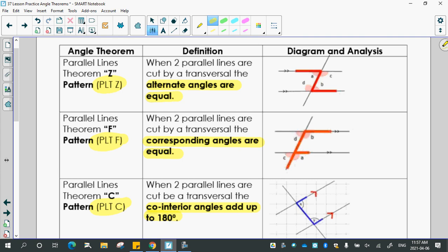So I've just written that for you. So here the Z would mean angle A is equal to angle B. The F here would mean the underarms are equal, so angle B and angle A are equal. And here, the angles add up to 180, they're not equal.